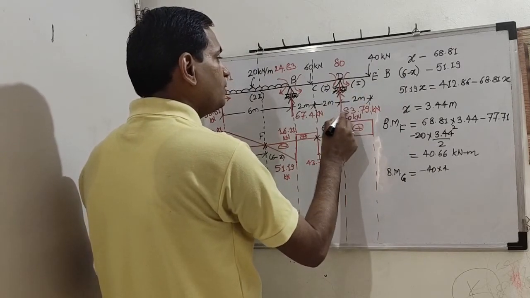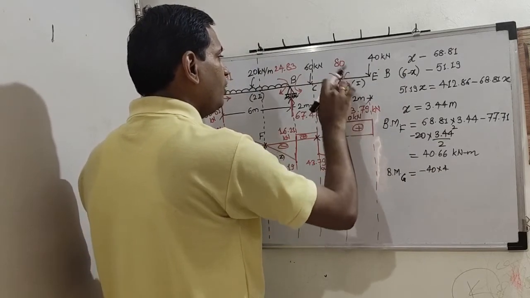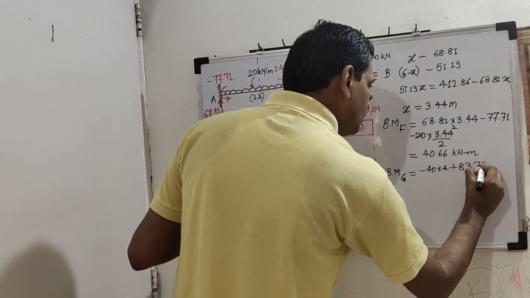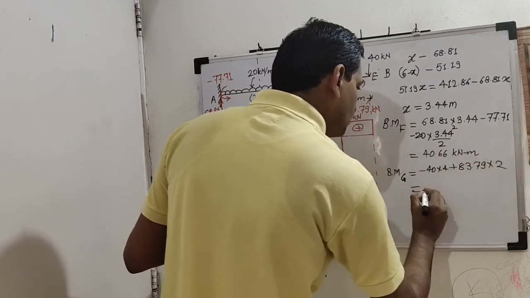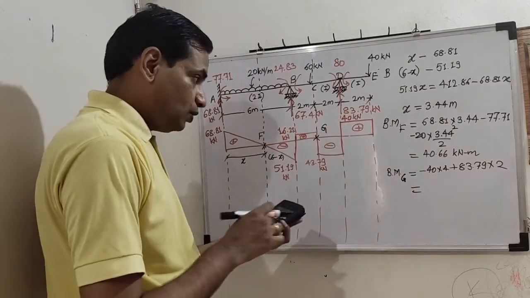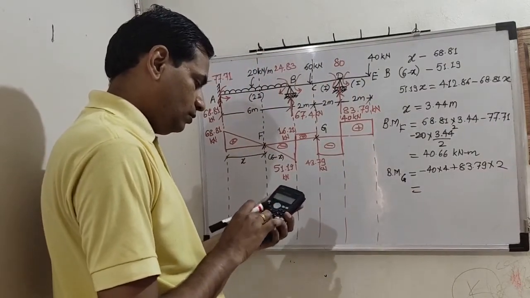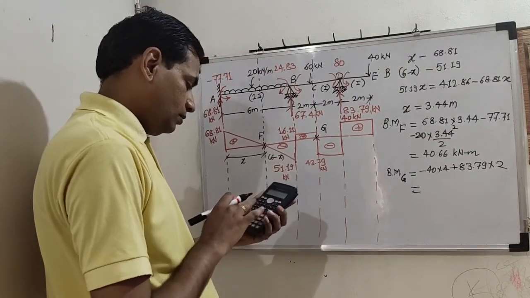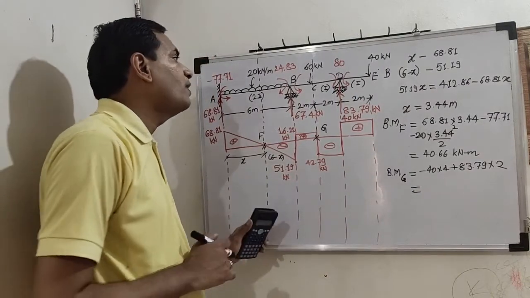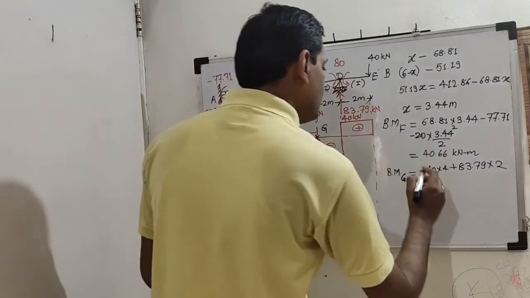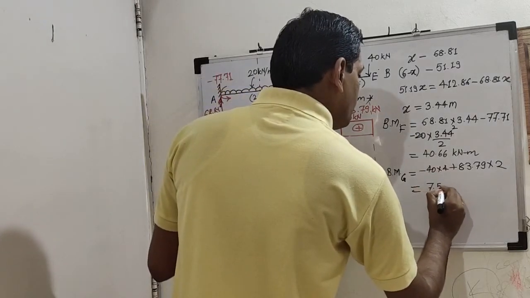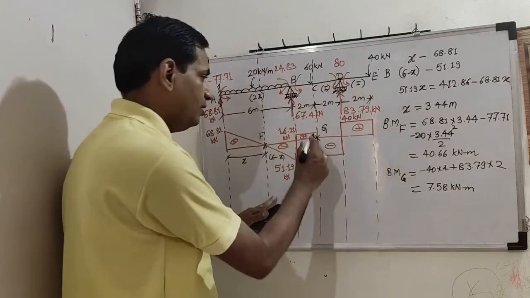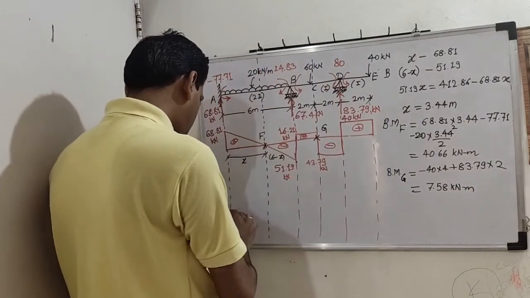And then plus 83.79 into 2. So the answer is 7.58 kilonewton meter. Bending moment at G.